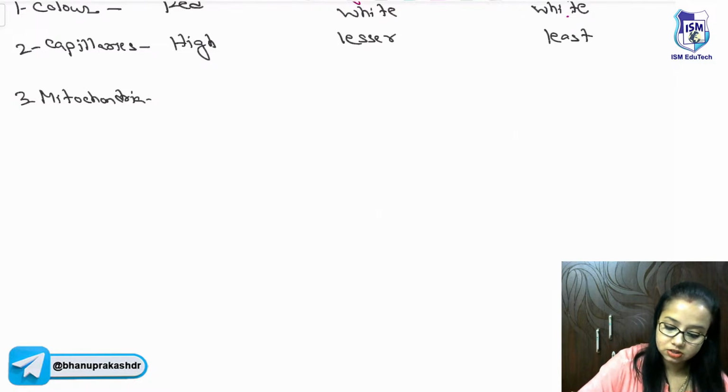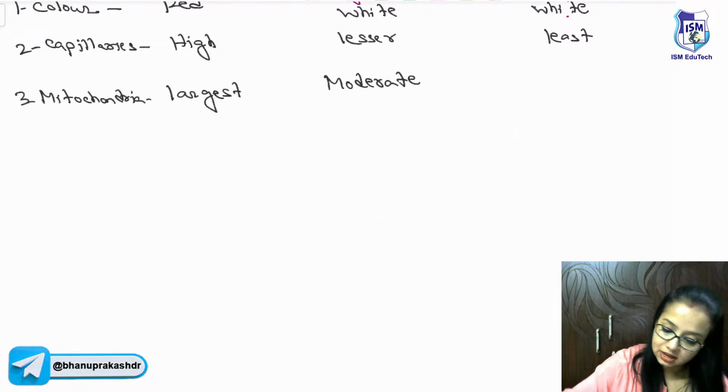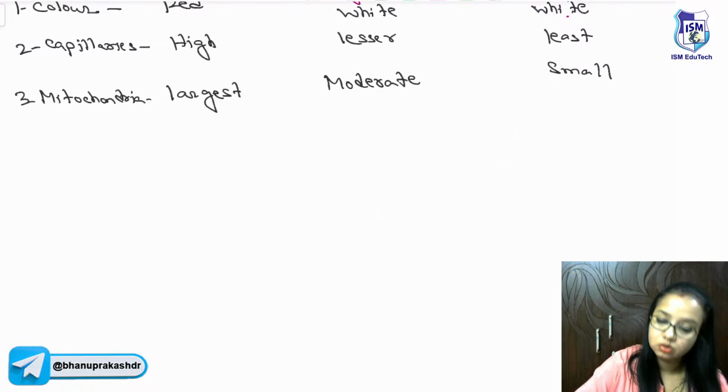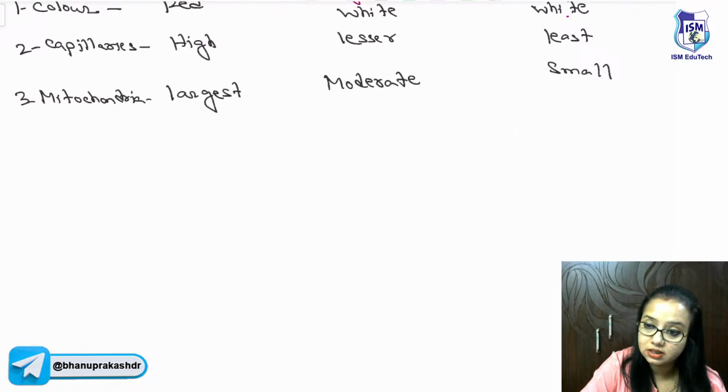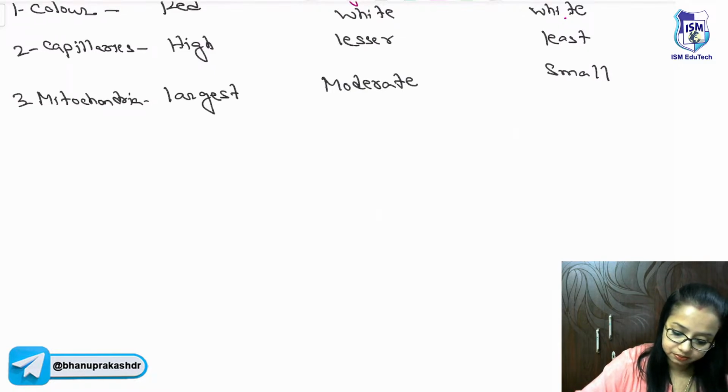Mitochondria are in largest quantity, moderate quantity and small quantity. That's why type 1 is red in color, because of the presence of capillaries and mitochondria, and the others are not so red in color. White doesn't mean it's milky white, but it is much whiter than the type 1 skeletal muscle fiber.